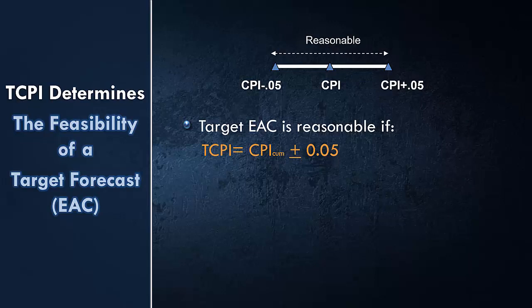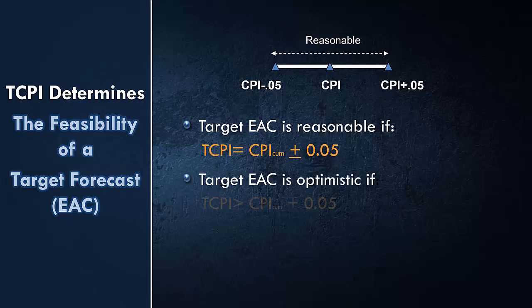It's not deviating that much from your CPI. And basically the range is CPI plus or minus 0.05. So if TCPI is within that range, it means that you are very close to your cumulative CPI, and that's why your forecast seems to be achievable and reasonable.